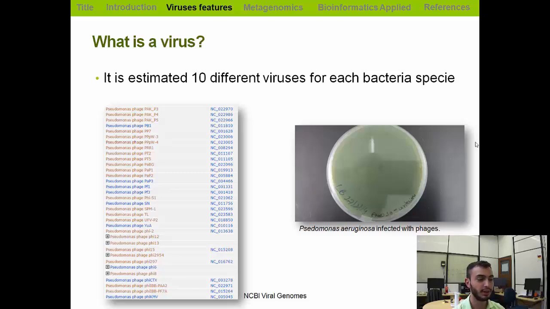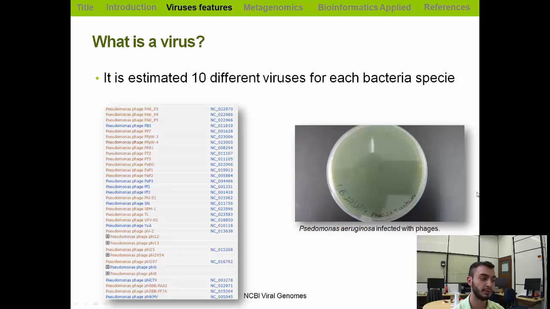Here I show you this estimation that there are at least 10 different viruses for each bacterial species. And here I show you a picture of my own. You can see here a Pseudomonas aeruginosa culture with these little plaques, and each little plaque is a phage from Pseudomonas.